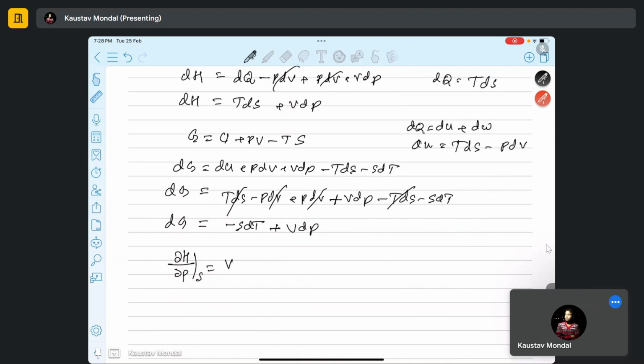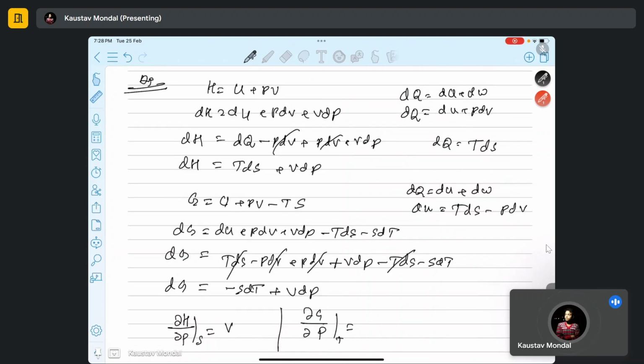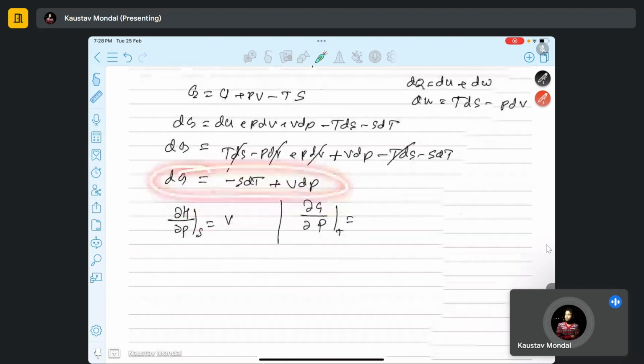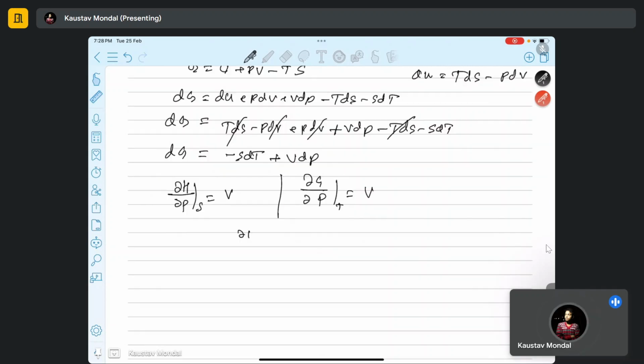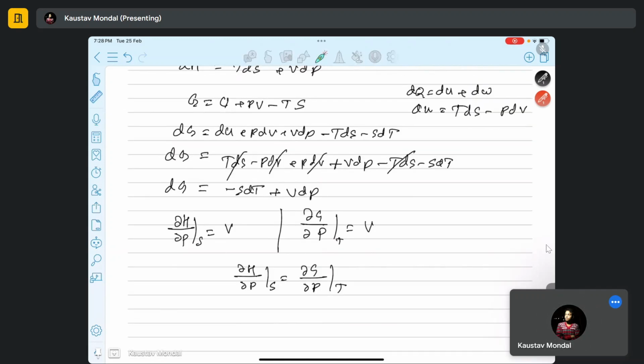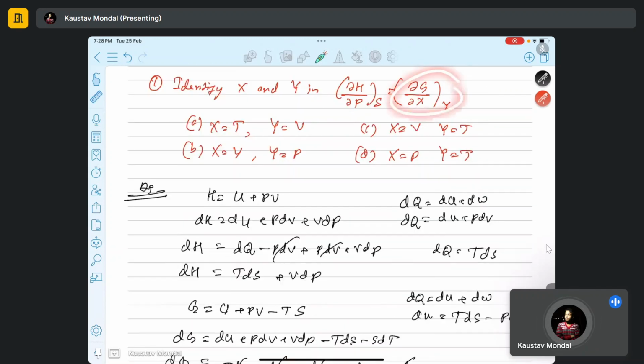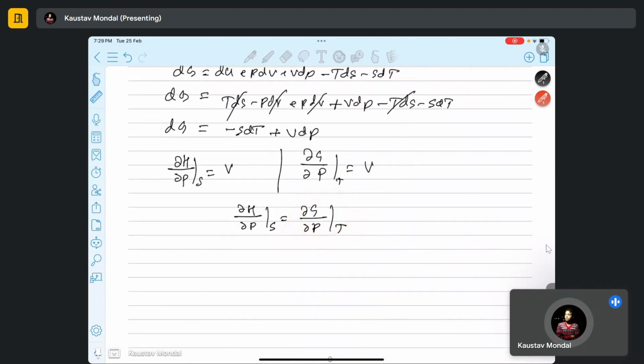Similarly, we can also calculate del G del P at constant T. This is the expression of Gibbs free energy. If you do del G del P at constant T, this also gives you V. So that means del H del P at constant S will be del G del P at constant T. If you compare this with the expression, this basically gives you the values of x and y.